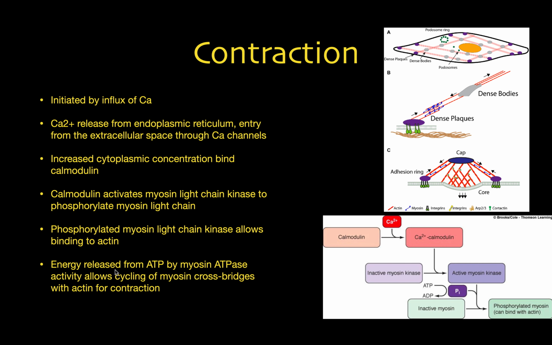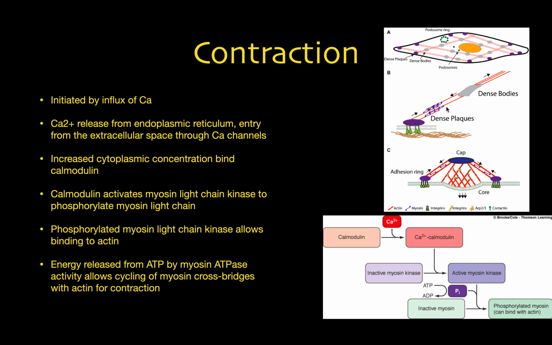And then the energy released from the ATP by the myosin ATPase allows the cycling of the myosin cross bridges with actin for contraction, and that just means that ATPase will cleave the ATP, release energy, and allow the heads to detach. So here you go.